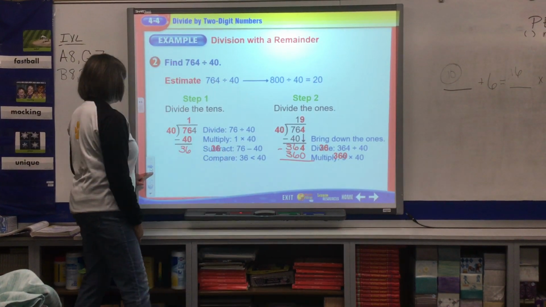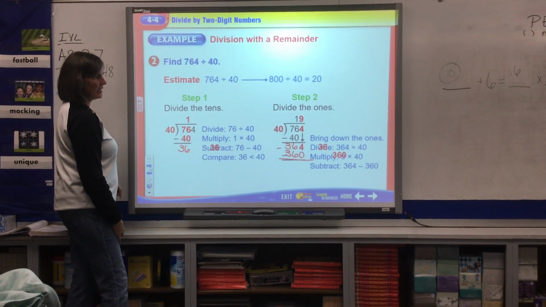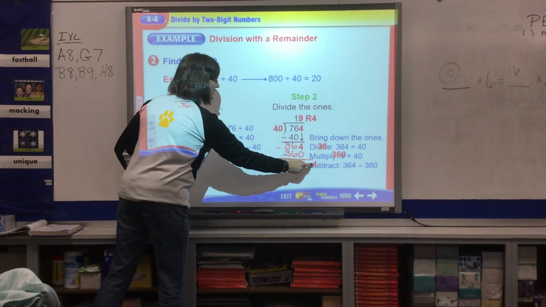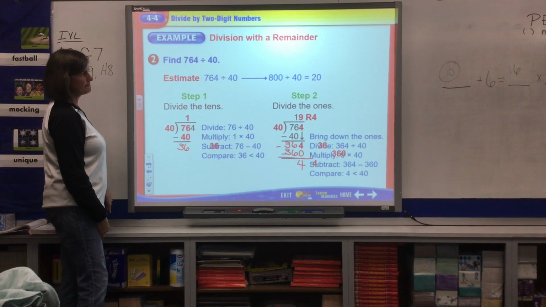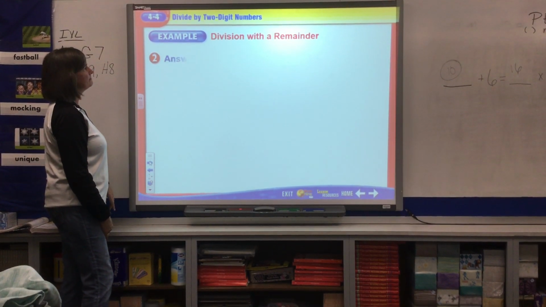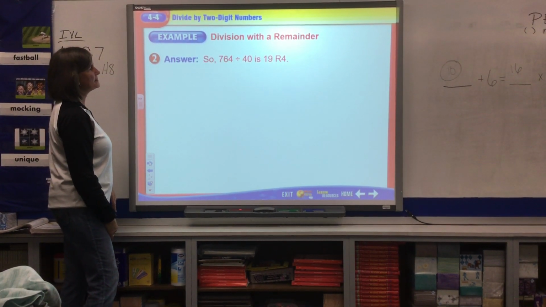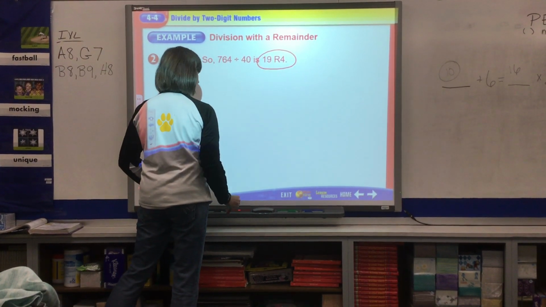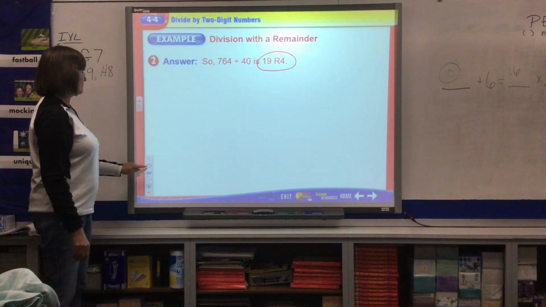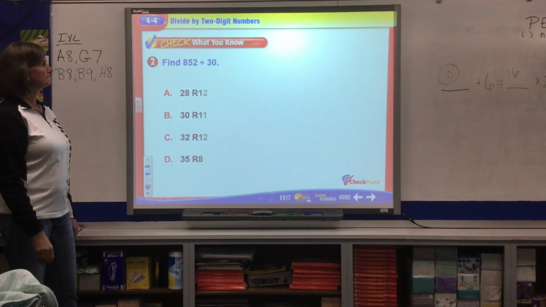And then when you subtract, you get a 4, which you can see right here. So 764 divided by 40, exactly as we said, is 19 with a remainder of 4.